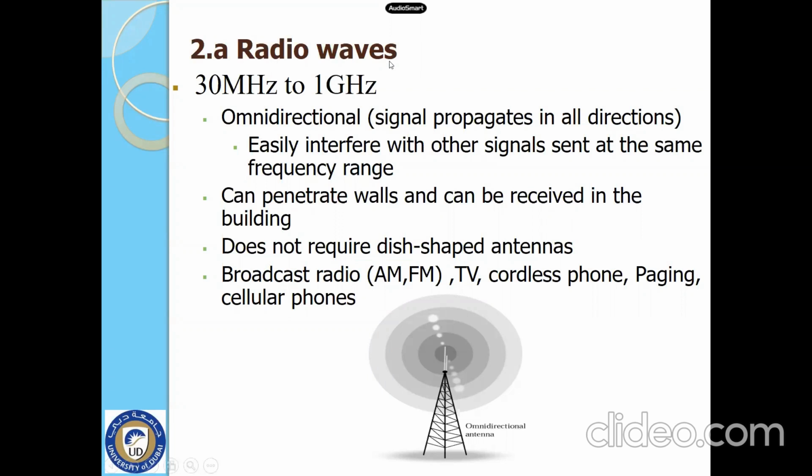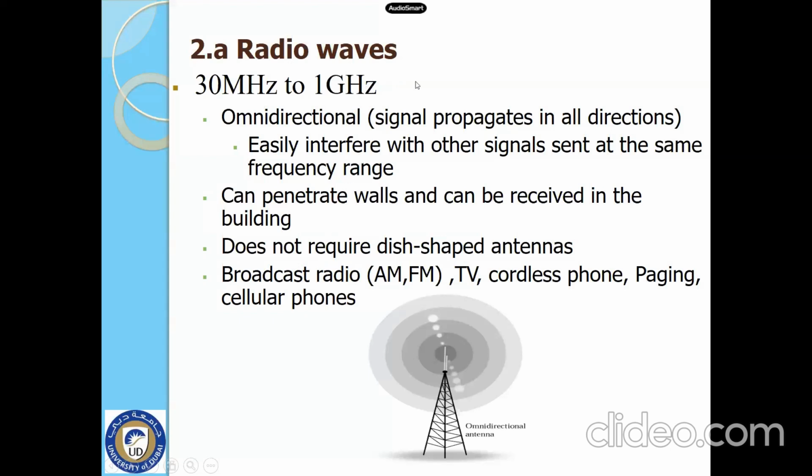Again, if you think about radio waves, think about your radio device in your car. There is no need for any dish-shaped antennas. There is broadcast radio, AM, FM, TV, cordless phones, paging, cellular phones. Those are the typical applications for radio waves, and the range is 30 megahertz to 1 gigahertz. For this kind of slide, I suggest you memorize the frequency range and the type of signal.